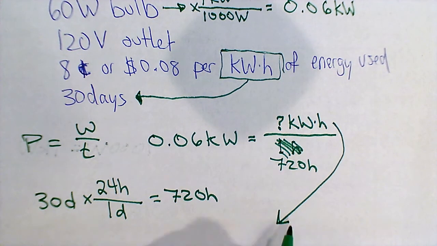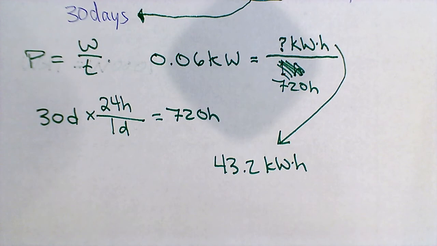So 0.06 times 720 gives me 43.2 kilowatt hours of energy. So is it going to charge me $43.20 for every month that I leave that light bulb on? I hope it doesn't cost $43 for every light bulb in my house.